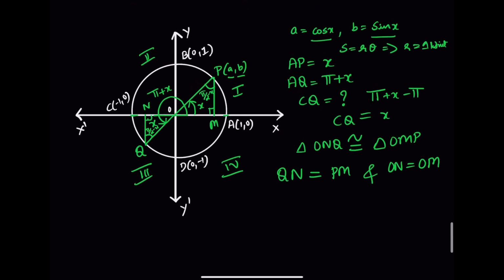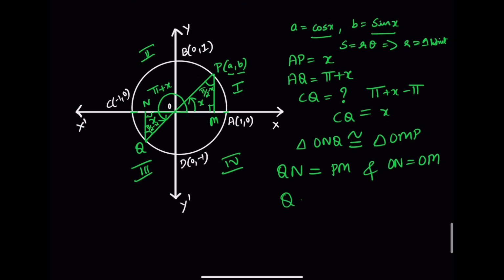So the coordinates at Q will be a, b, but with negative values because it is the third quadrant. So Q is minus a, minus b.